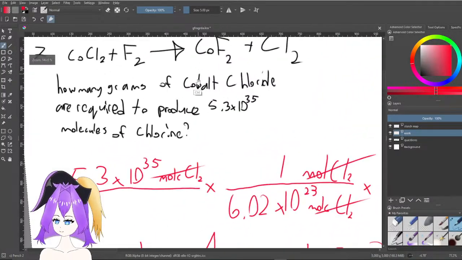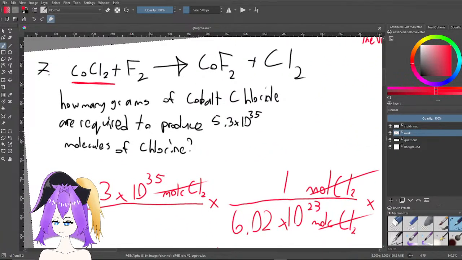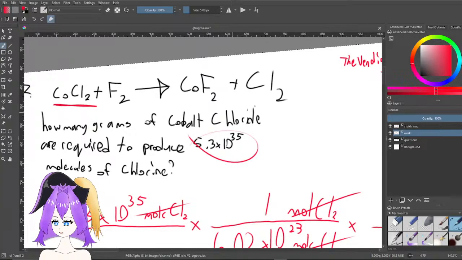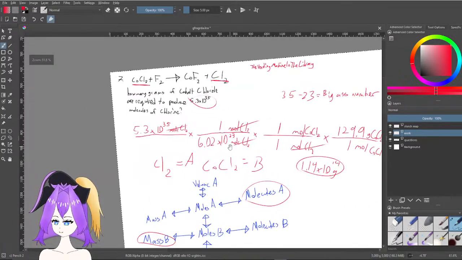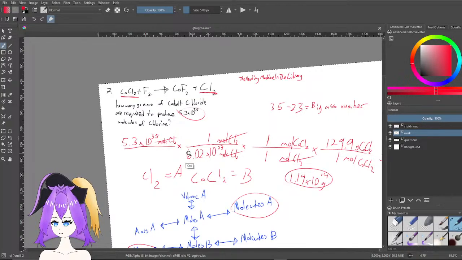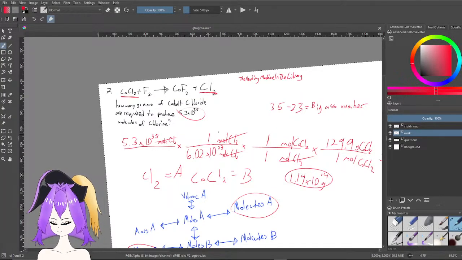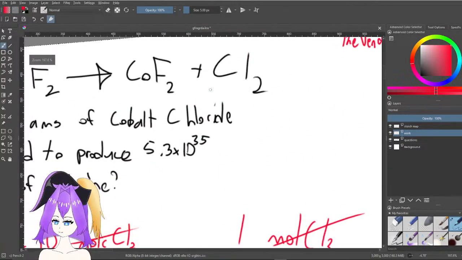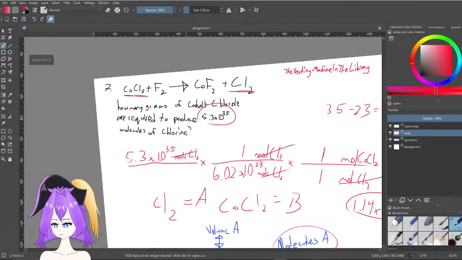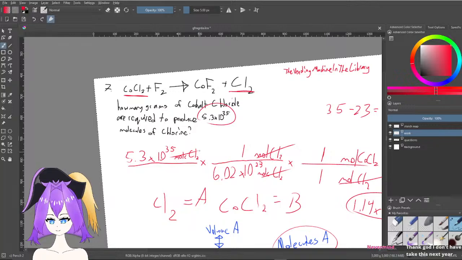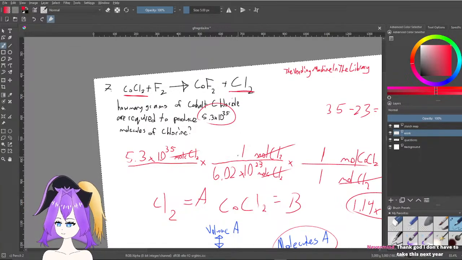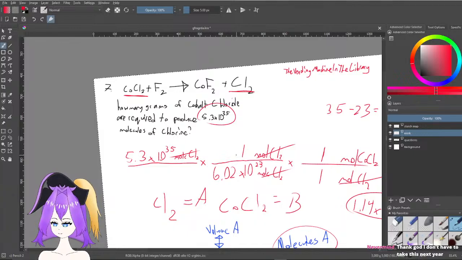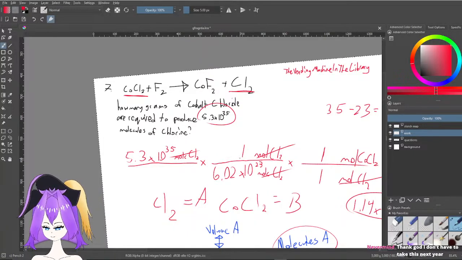How many grams of cobalt chloride are required to produce however much chlorine? I think I'm doing this right by working backwards. Thank God I don't have to take this next year. This is normally fairly easy, I just don't think I've set this up properly. I don't know how to go backwards.